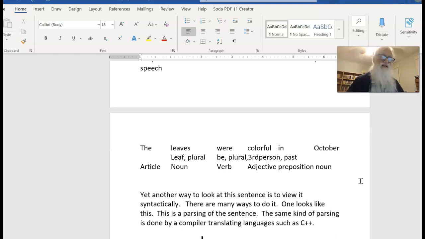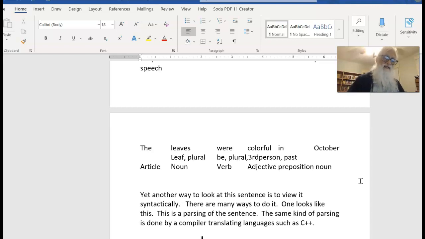Well, one way to do this is parsing. Now, parsing is frequently done for computer languages. In fact, when you hit the button on your C++ to say build, it's parsing what you have and seeing if it makes sense.